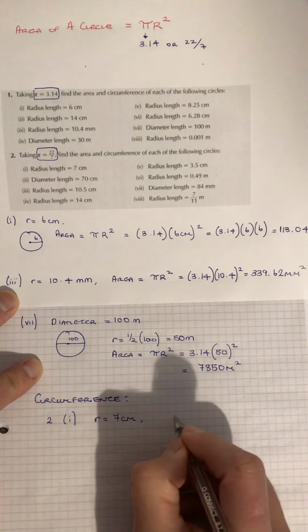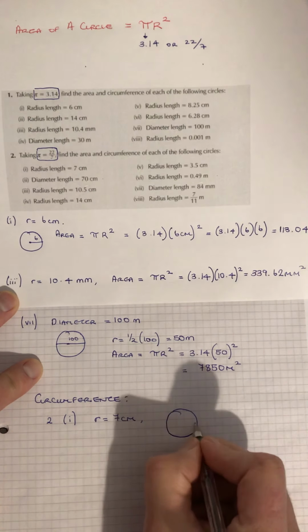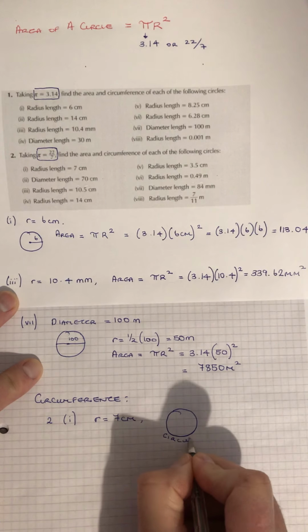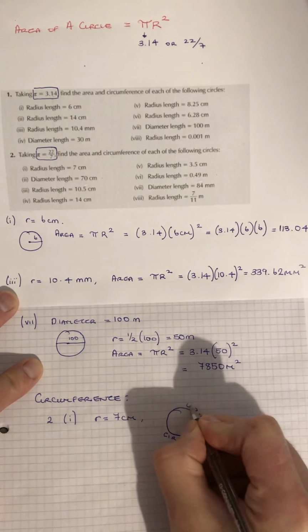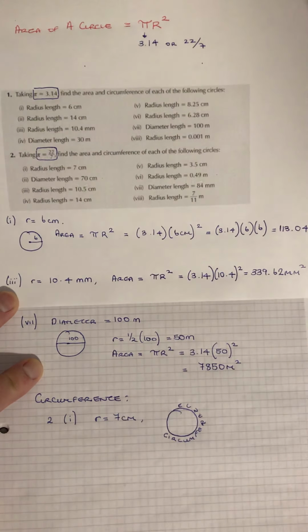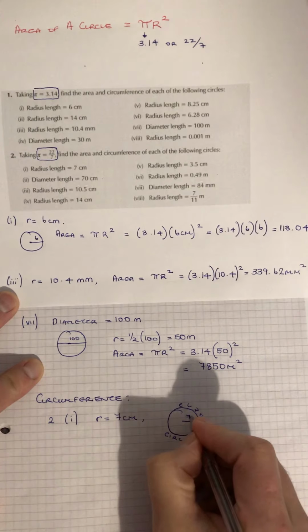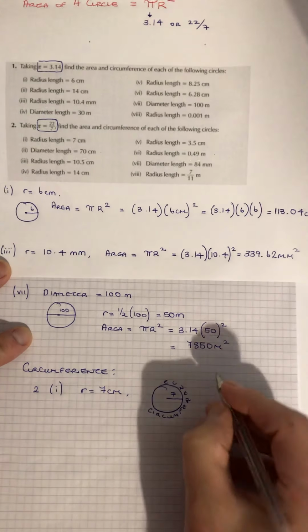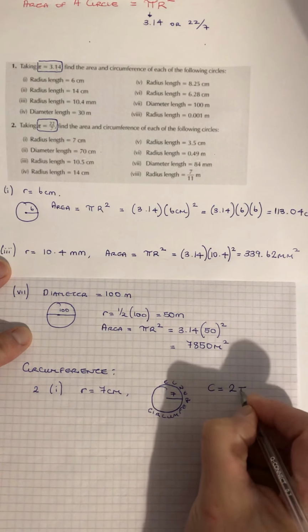So we want to find the circumference, and the circumference is like the perimeter. So the circumference goes the whole way around the outside. So the circumference is what's outside the circle. Alright? And we're told that the radius is 7. So there's a different formula for circumference. And the formula is circumference equals 2 pi r.